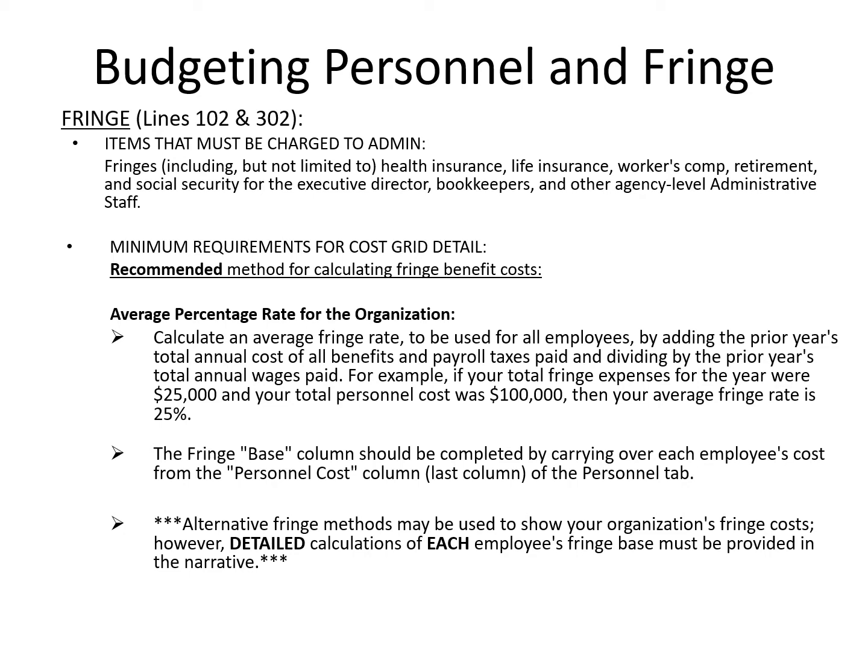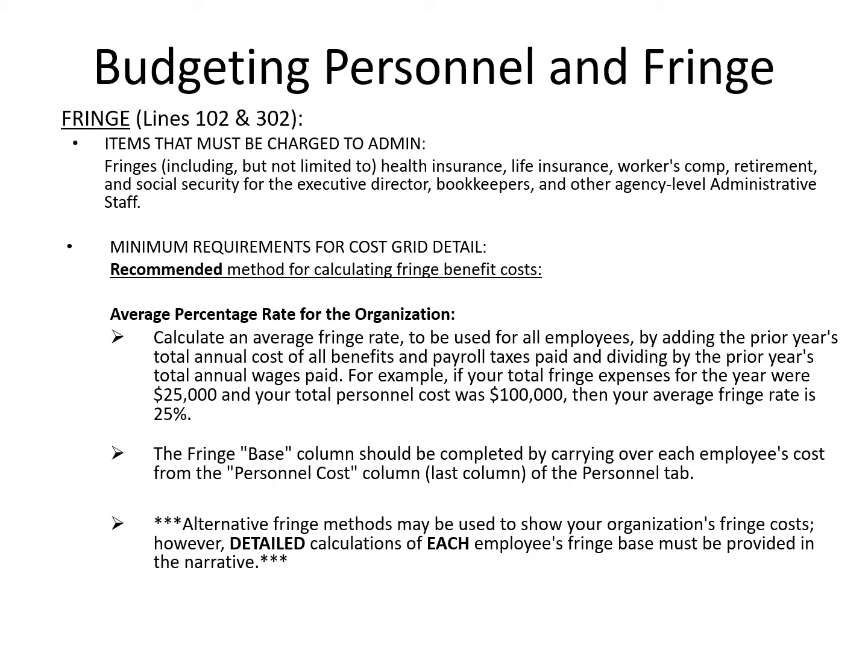It is one of the areas that we've needed to send budgets back to grantees quite often, because typically the calculations for each employee's fringe benefit, how it was arrived at, the details in the cost detail grid don't match what's written down in the narrative as far as the calculation.